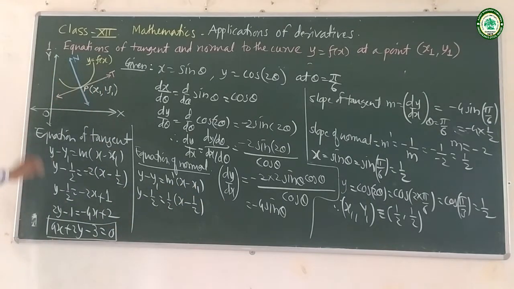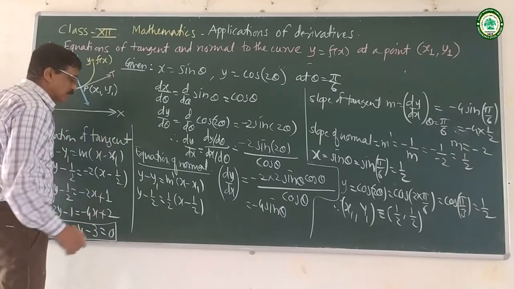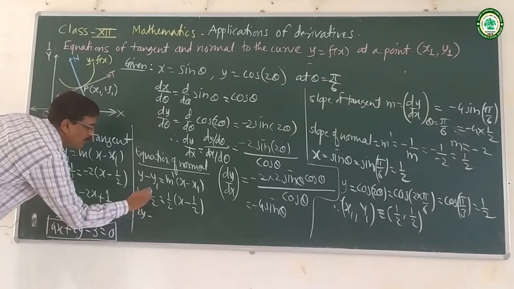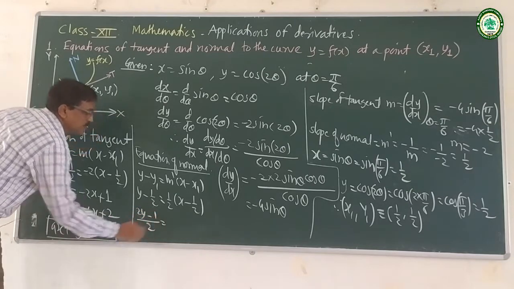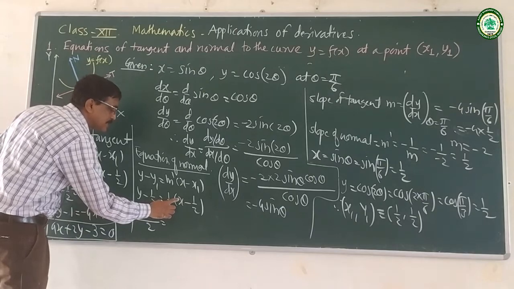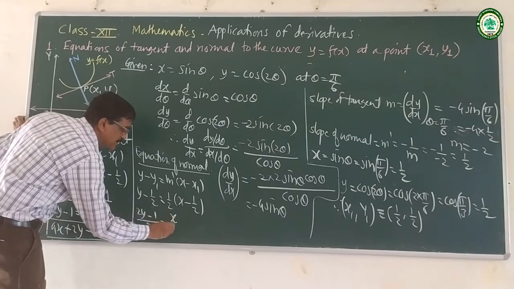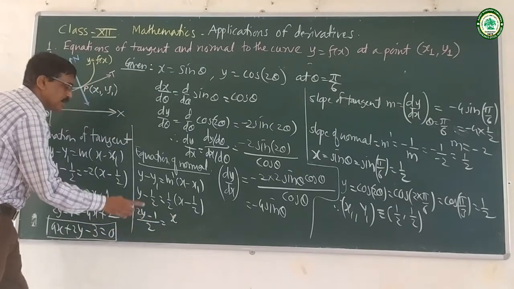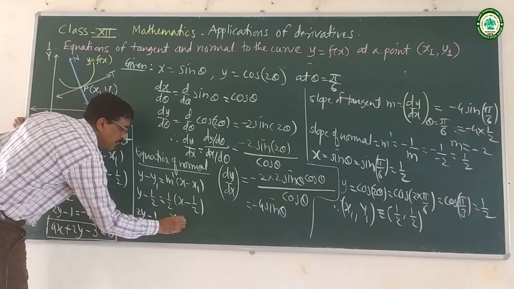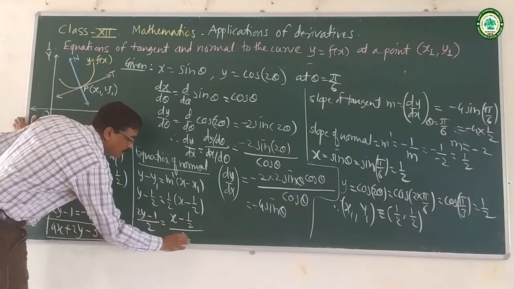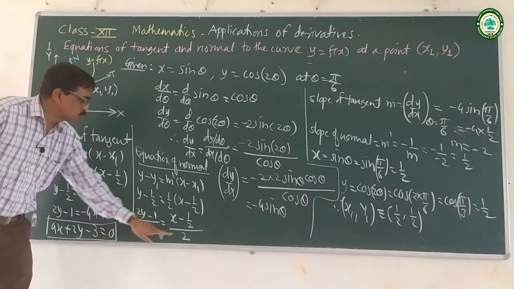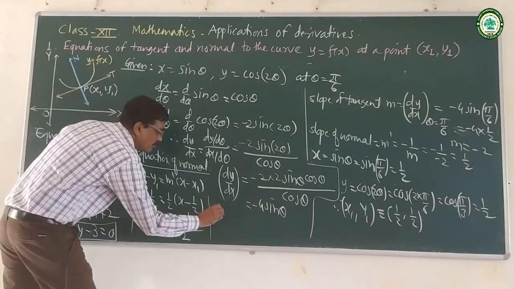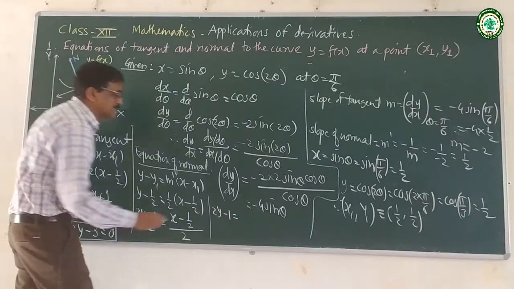Multiplying throughout by 2, the usual calculation: 2y minus 1 upon 2 is equal to x into 1 upon 2, it is x upon 2. This 2 will get cancelled. What remains? 2y minus 1 is equal to x minus half.